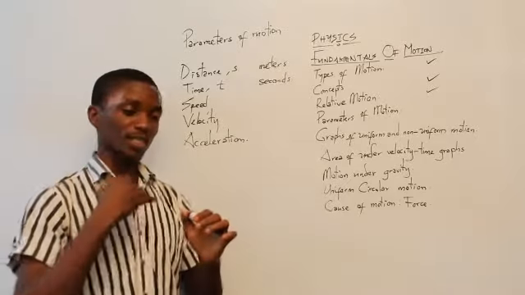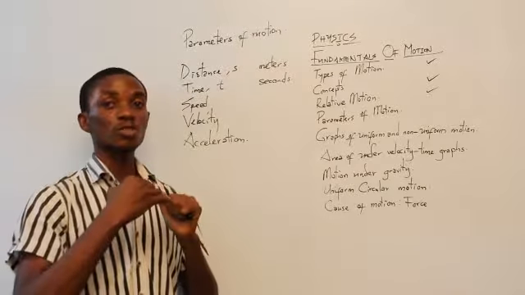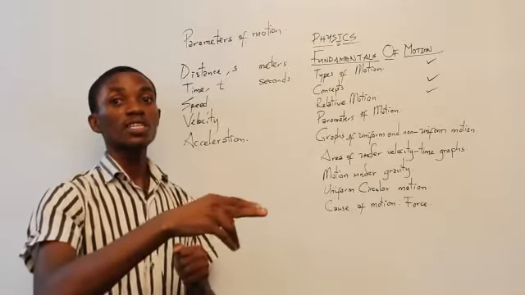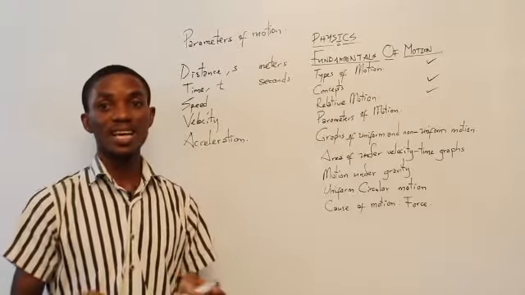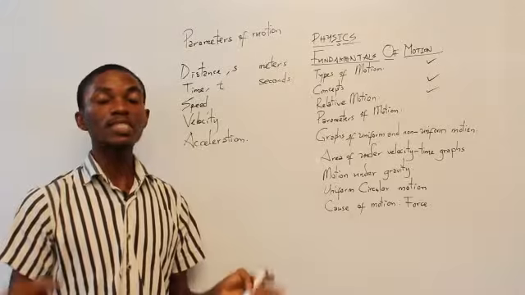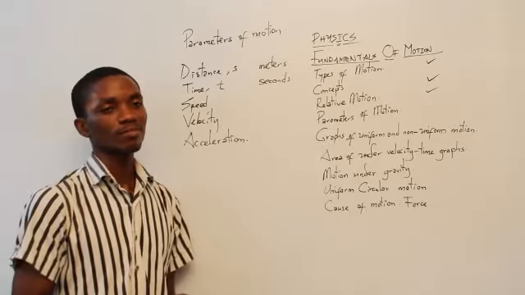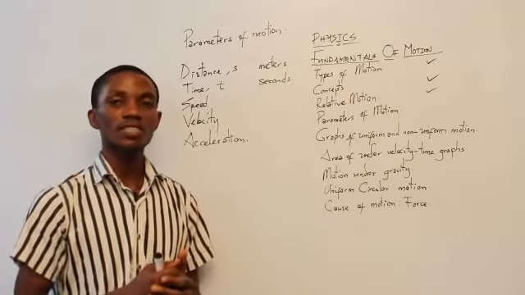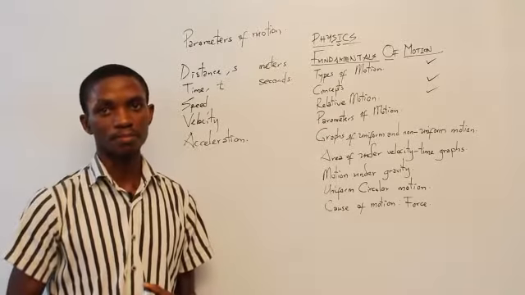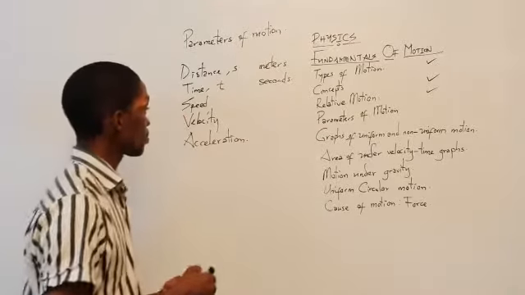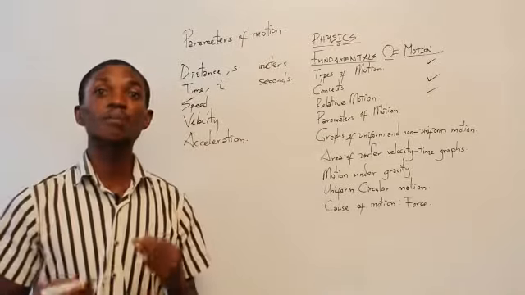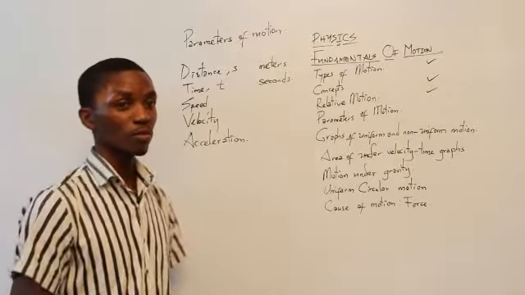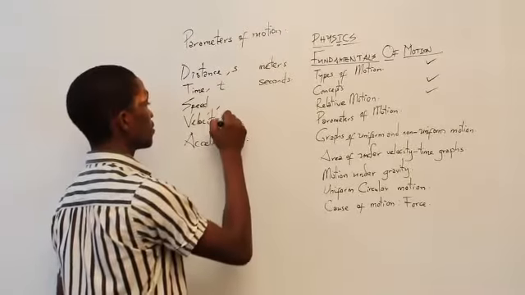That is, the rate at which the shortest distance between two points is being covered in time. Velocity is the shortest distance covered divided by time. So both speed and velocity are represented by the same variable, that's v.